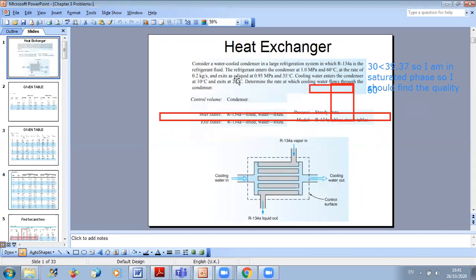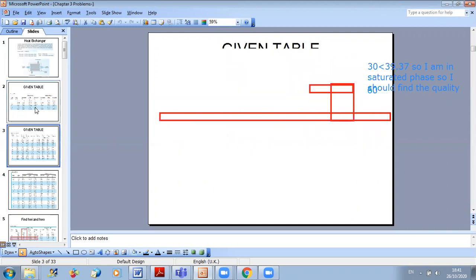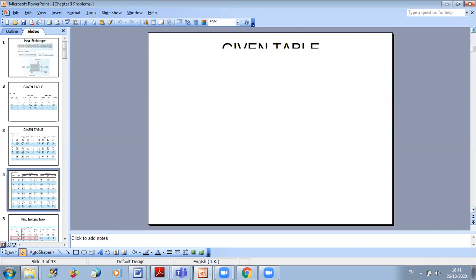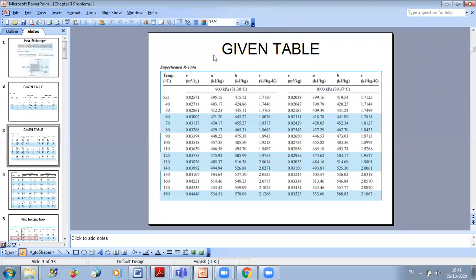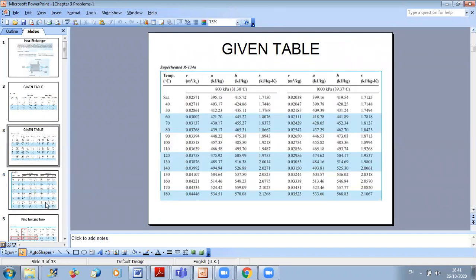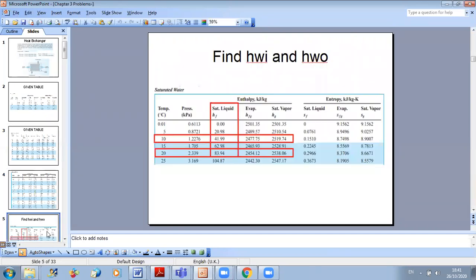It is exiting as a liquid at 0.95 megapascal and 35 degrees. So I should go to the tables and try to find the table for R134A in liquid zone or in saturated zone. It depends on what I can find in the thermodynamic tables.